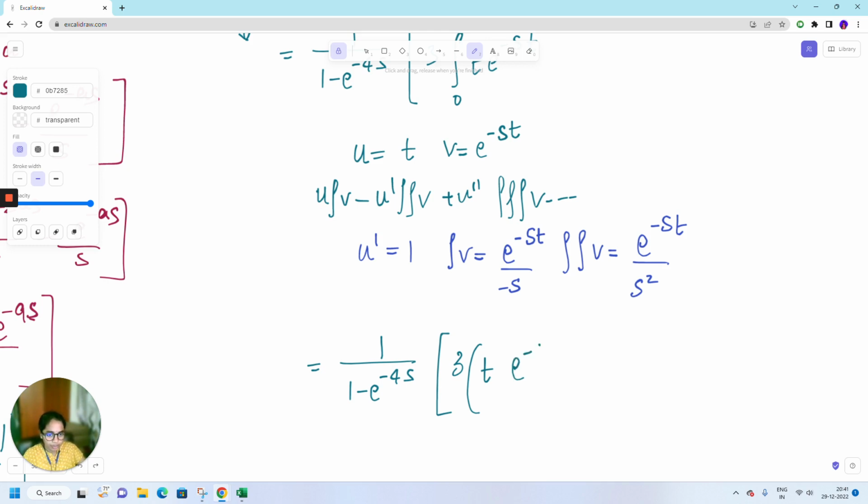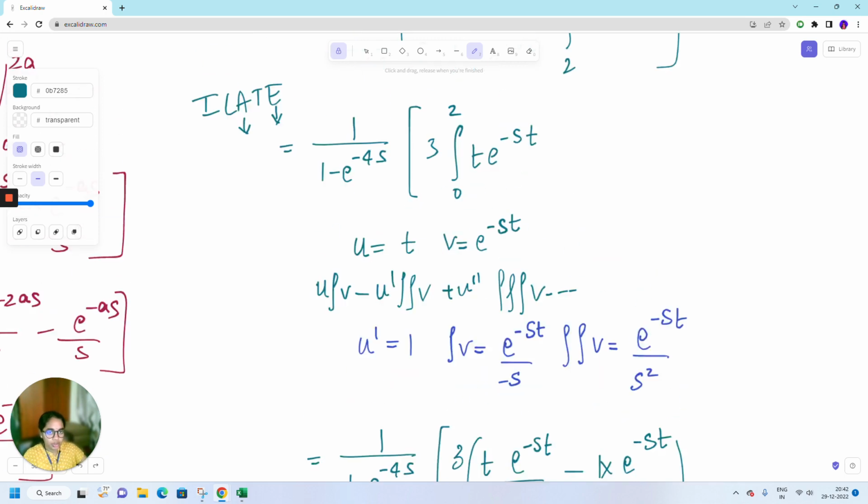Integration of v is e power minus st divided by minus s. Okay, minus u dash. What is u dash? U dash is 1. What is double integration of v? Double integration of v is e power minus st divided by s square.